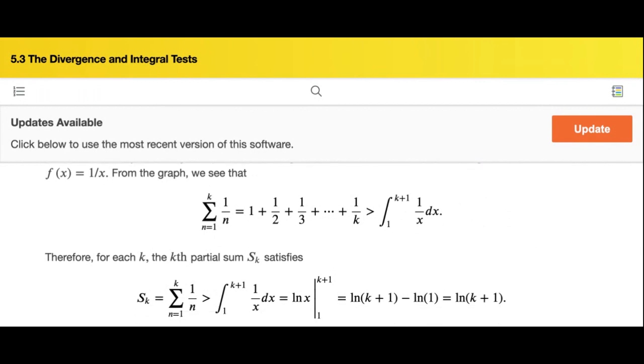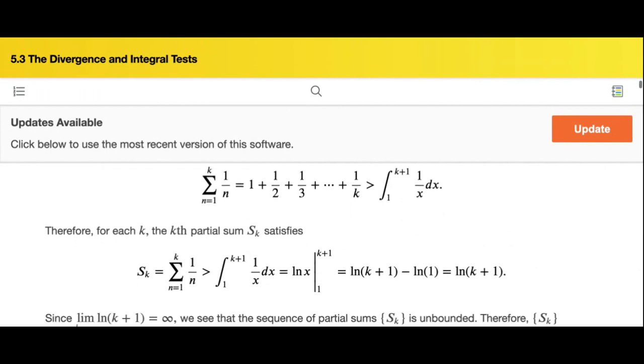So for each k, the kth partial sum Sk satisfies this. Sk is adding up the first k terms, so 1 plus 1/2 up to 1 over k, and it is greater than this integral.